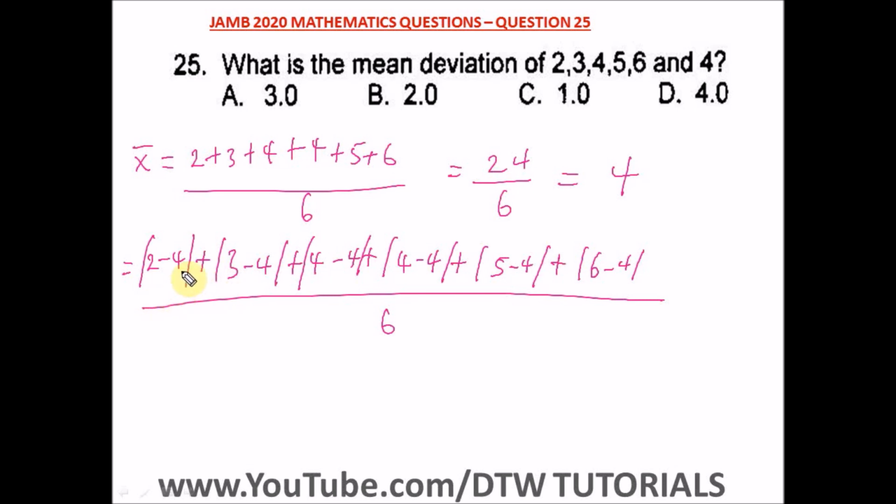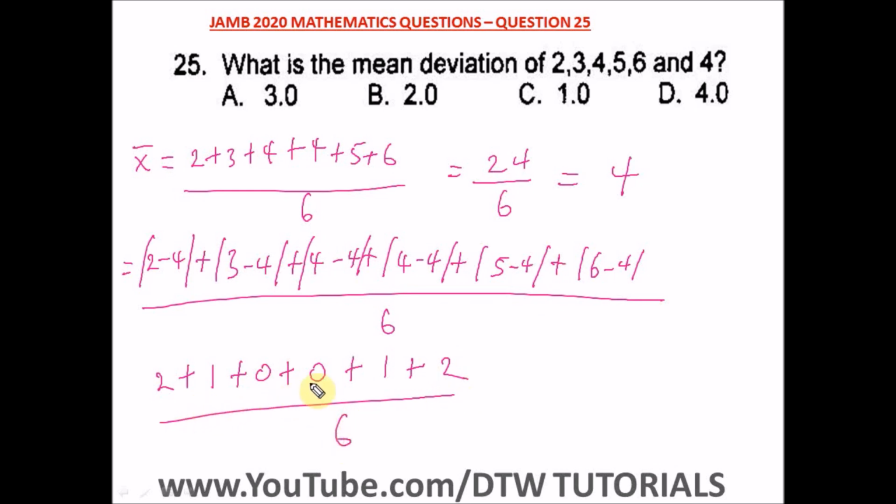So 2 minus 4, we agree that it's minus 2, but because we are dealing with mean deviation, we are neglecting the signs and taking only the figure. So we have 2, plus 3 minus 4 is negative 1, so we have 1, plus 4 minus 4 is 0, plus 4 minus 4 is 0, plus 5 minus 4 is 1, plus 6 minus 4 is 2, all over what? 6.